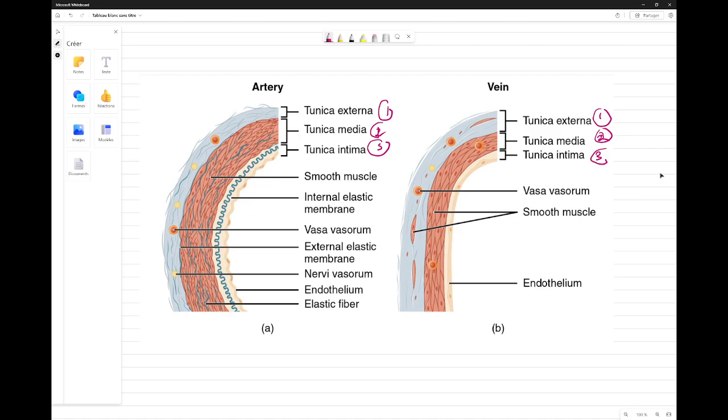So when it's really cold, vasoconstriction will occur. When it's really hot, vasodilation will occur. So the nervi vasorum helps with that. That's the question.